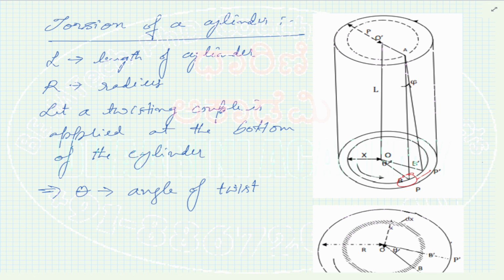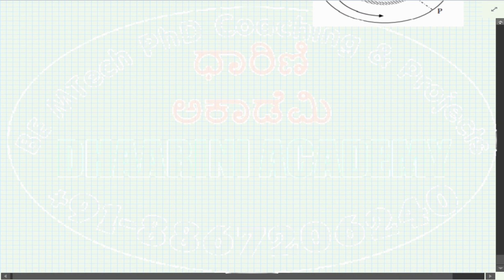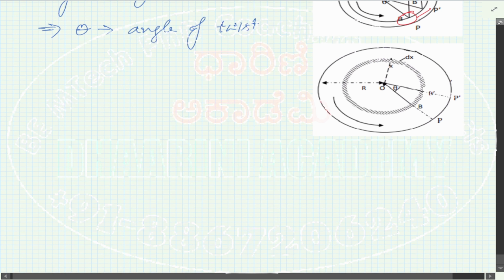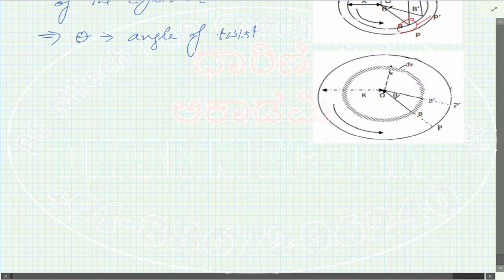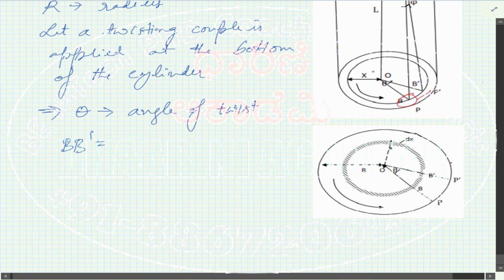The cylinder is considered as coaxial hollow cylinders varying in length from 0 to some point. Now we directly write what happens with BB dash. From the diagram, BB dash is equal to x, which was my radius, into theta.